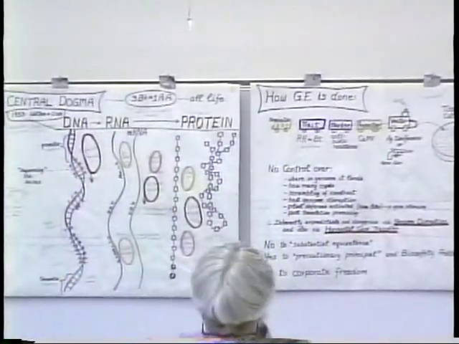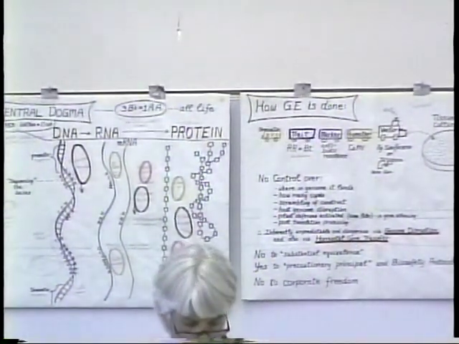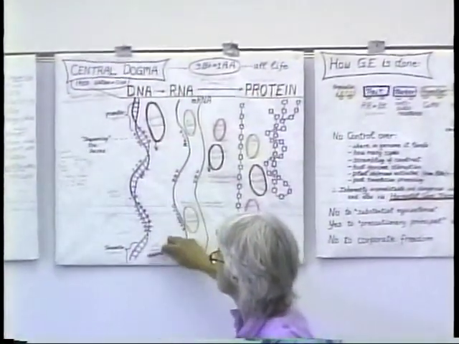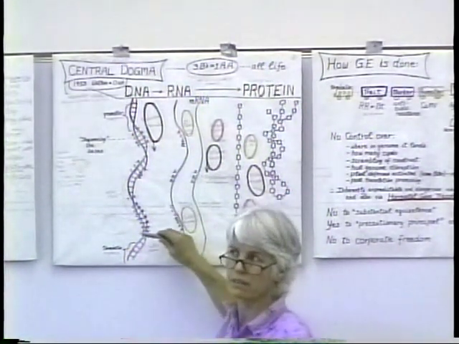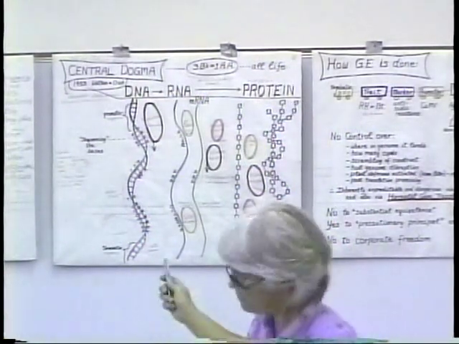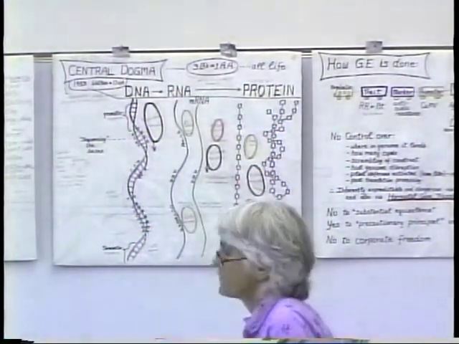Even before Watson and Crick, in 1953, who coined the central dogma, we knew that there are mobile elements that just move around, which makes a little chink in the armor of the central dogma. And then later we learned about retroviruses.